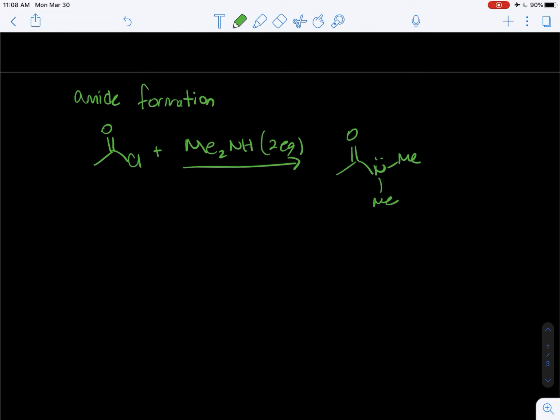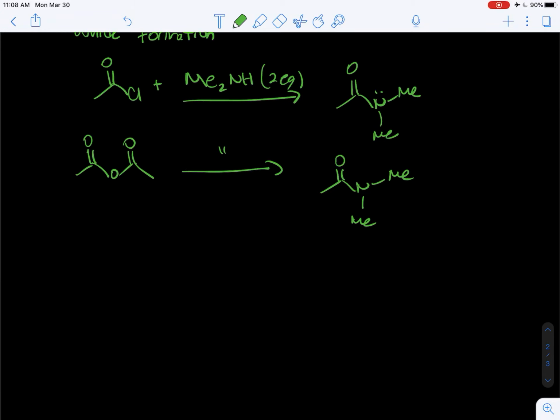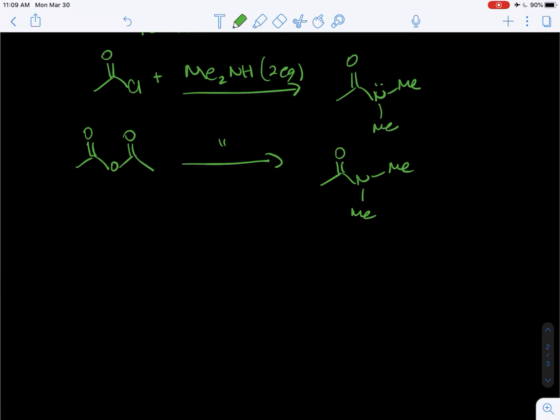We could also use acetic anhydride. And this would give us the same product. Okay. Those are the two main ways to make amides. There really aren't any other good ways in your sophomore organic chemistry textbook.